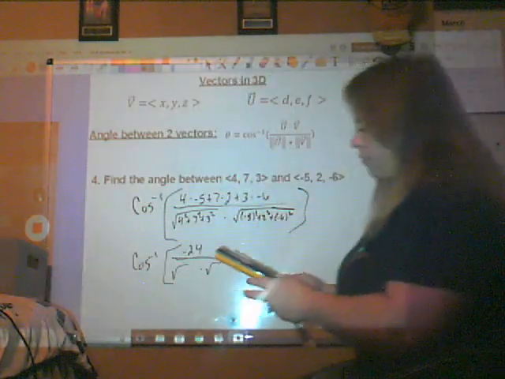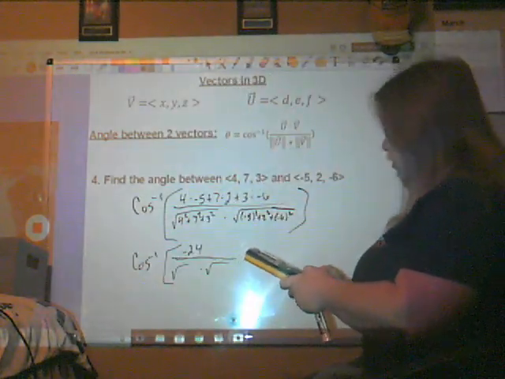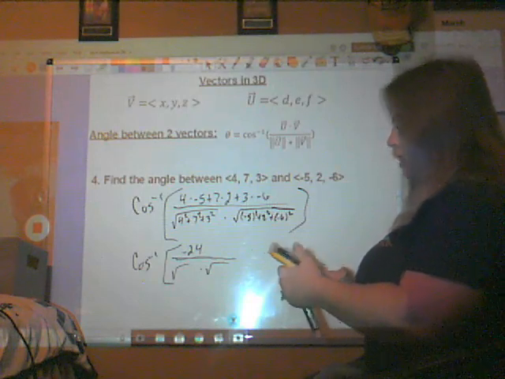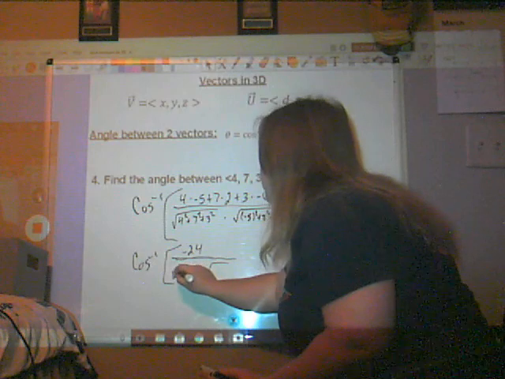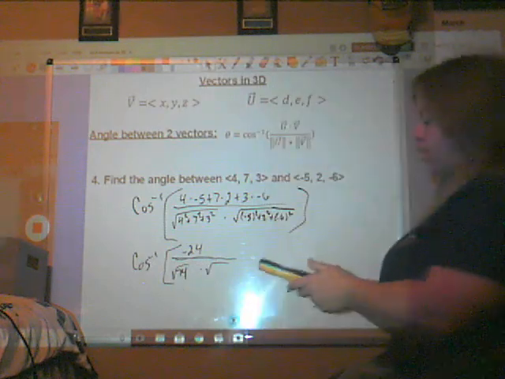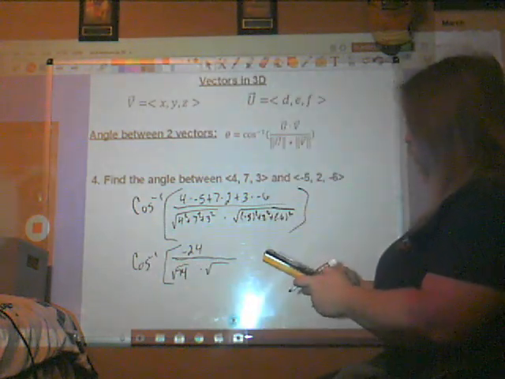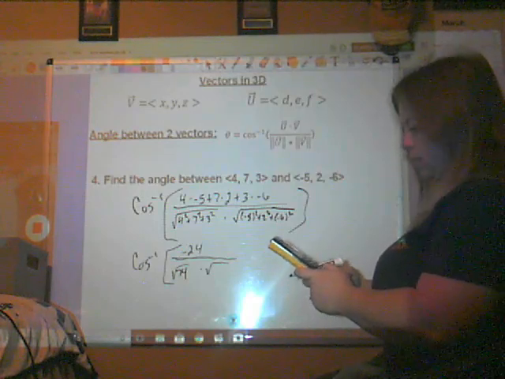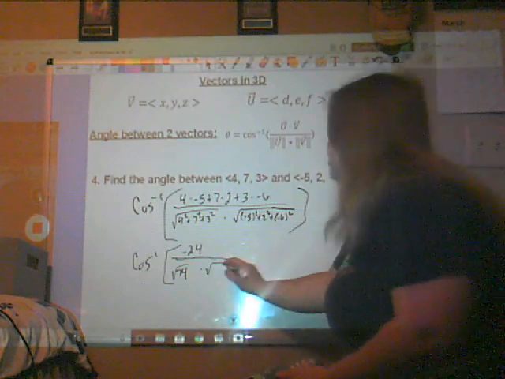So I get 4 squared plus 7 squared plus 3 squared is 74. That goes in the first square root. And the next one is negative 5 squared plus 2 squared plus negative 6 squared, which gives you 65 in this one.